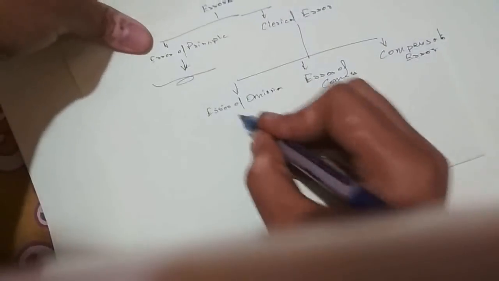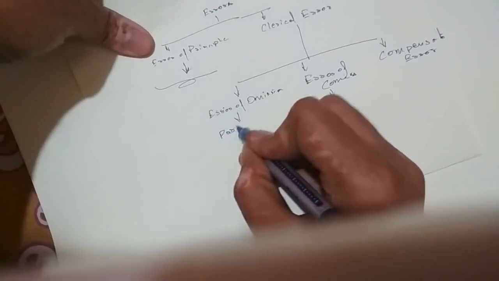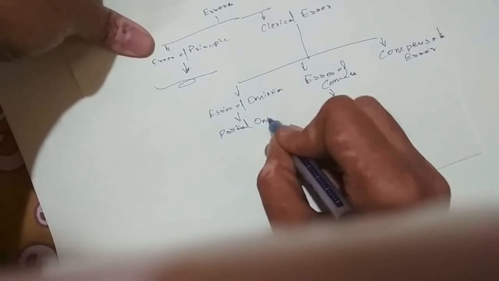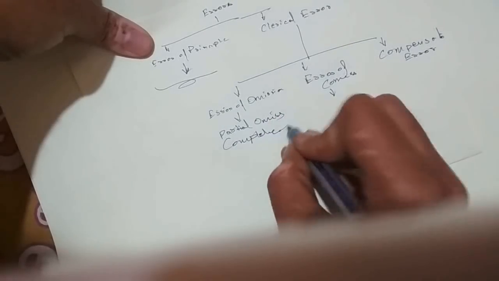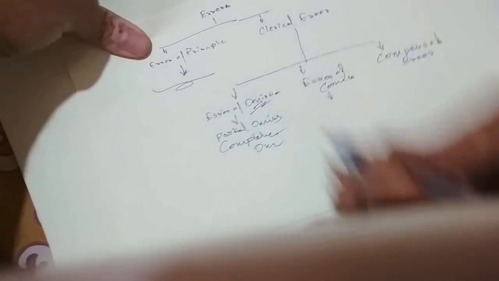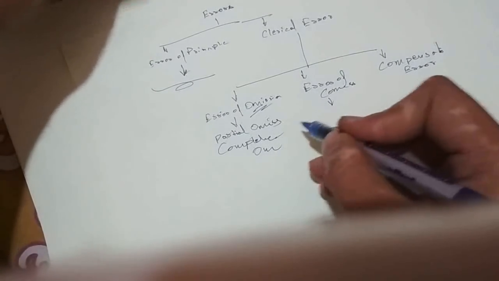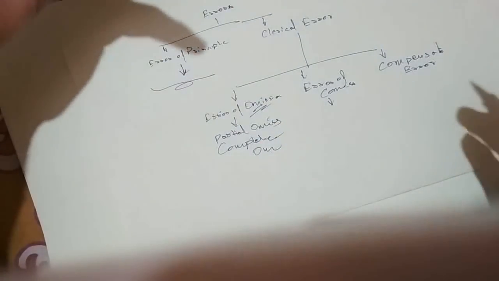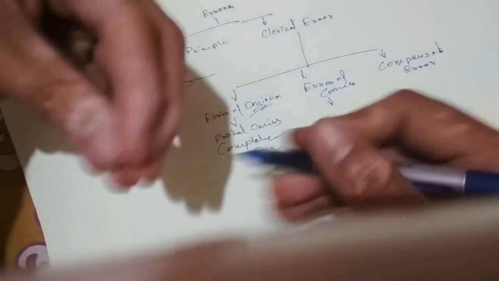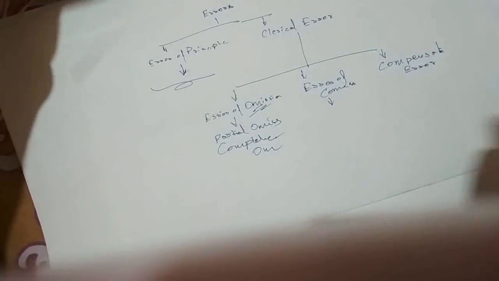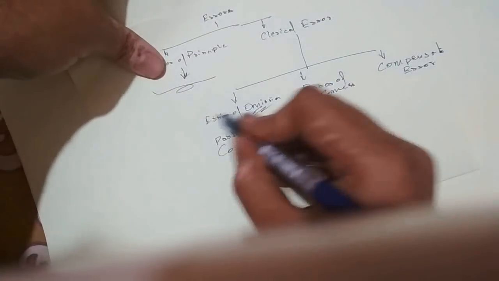In the error of omission, there is a partial omission and a complete omission. As the name suggests, omission means omitting values. Any particular values are either partially written or totally removed from the entries. So this error of omission happens.